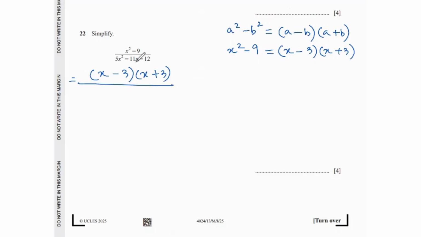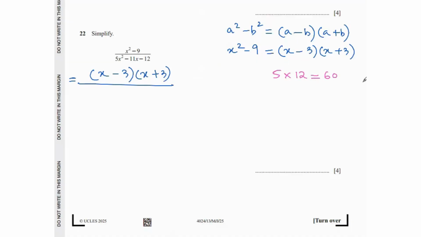For the denominator, it's a quadratic expression with 3 terms. So you can either use the quadratic formula or splitting the middle term to factorize this. For splitting the middle term, you multiply your coefficient of x squared with the constant. So for that, we'll do 5 times 12, that's 60.